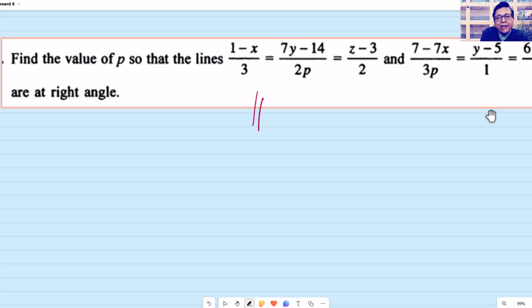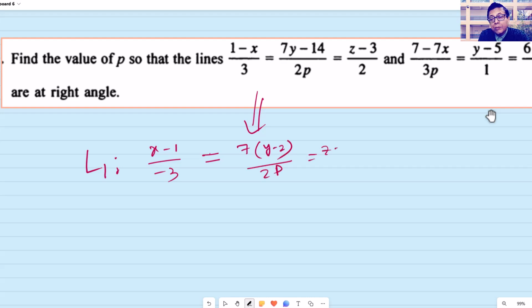So let me rewrite the first line, L1. L1 is what? Multiply by -1 here. The method I told you. Because symmetrical form is x minus x1 by a, y minus y1 by b, z minus z1 by c. Coefficient of x, y, z should be 1. Here it is 7, so divide inner and rear by 7. Or in one step you take common, next step you divide by 7.